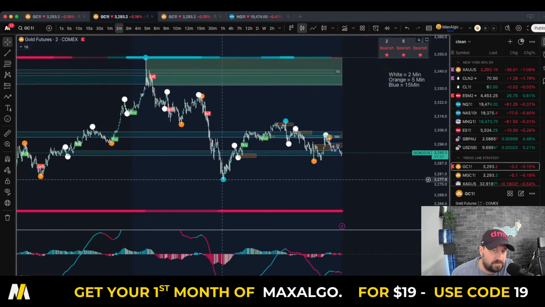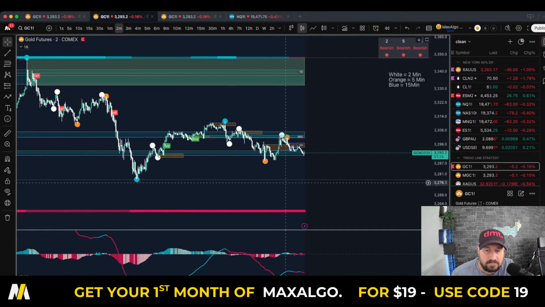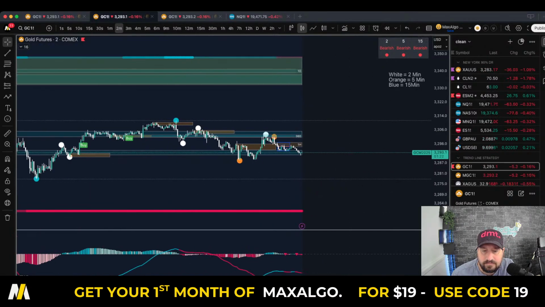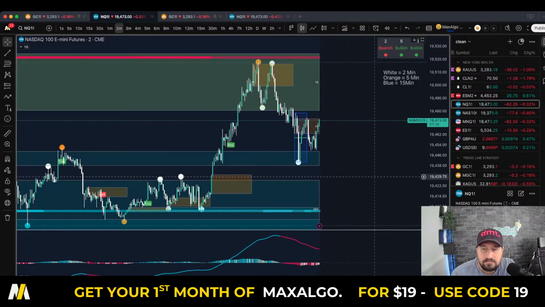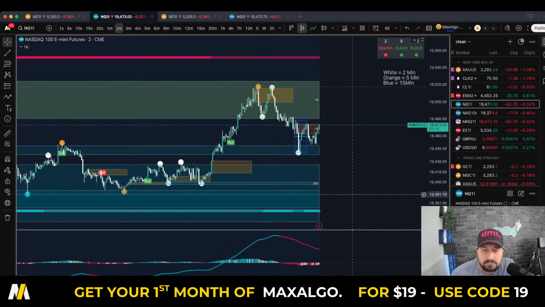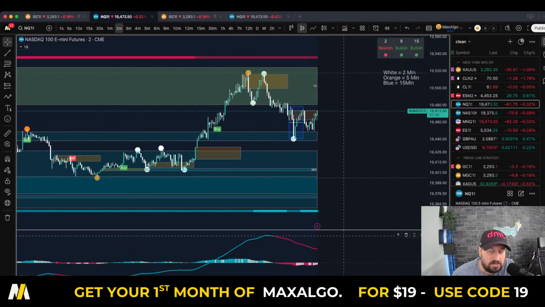Because we failed to take that low, and now we've got this indecision and indecision here as well between these two orange, right? This is why we were being careful with NQ, because we're above the zero line.